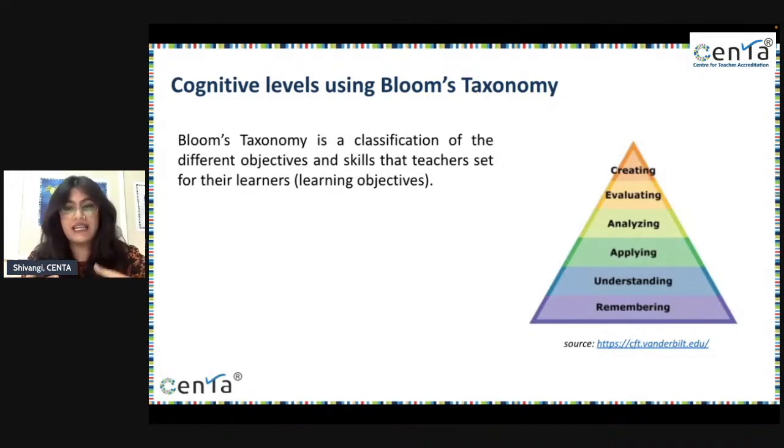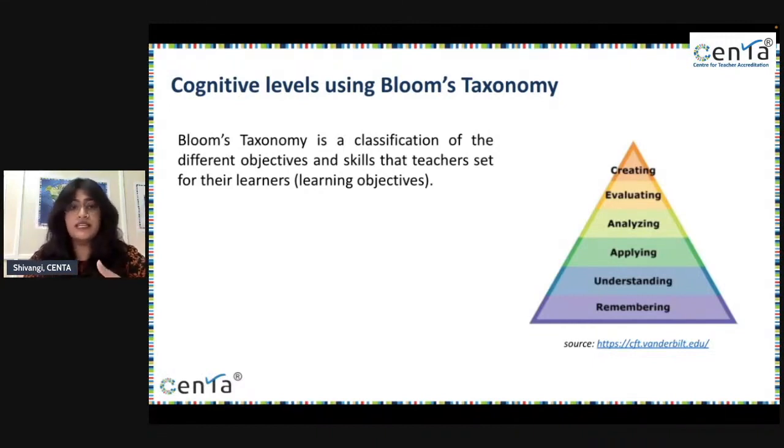Now, typically in a CENTA TPO paper, we have questions coming from the first three levels of Bloom's taxonomy, which are remembering, understanding, and applying. So let's quickly go through this. Remembering is basically recalling of facts, citing the definition of a concept.